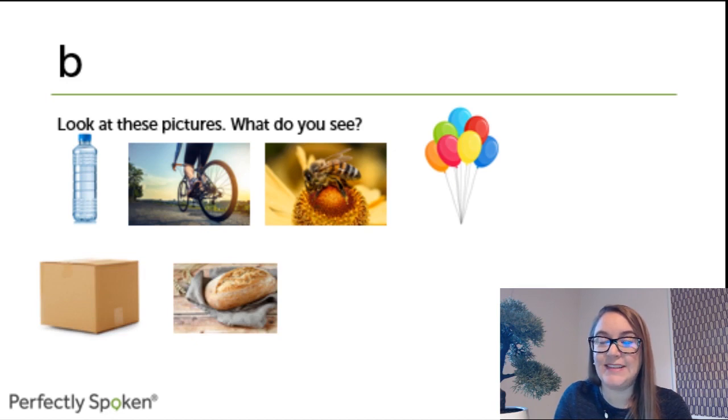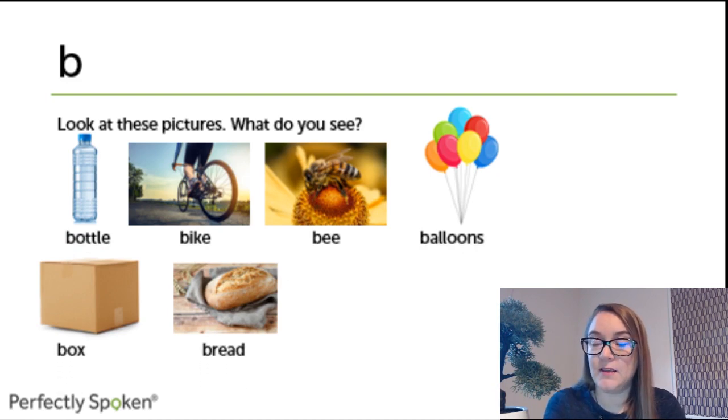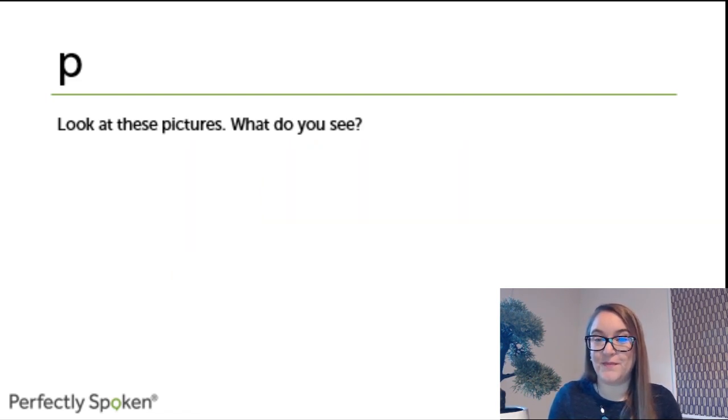Each one contains the sound b. Okay, well, we have a bottle, a bike, bee, balloons, box, bread. Well done if you identified those.